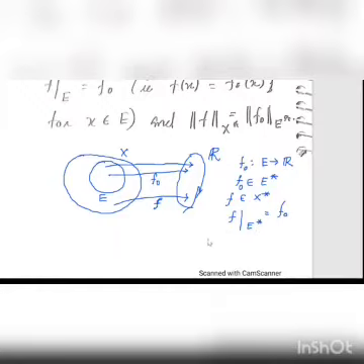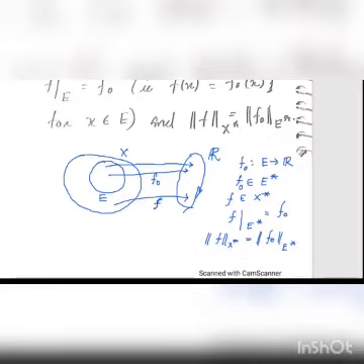And one more condition is given: the norm of f in X star should be the same as the norm of f naught in E star.